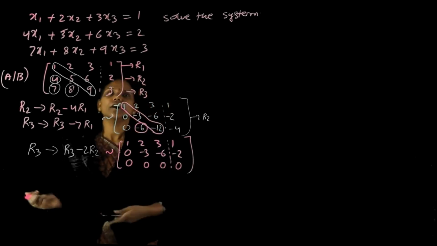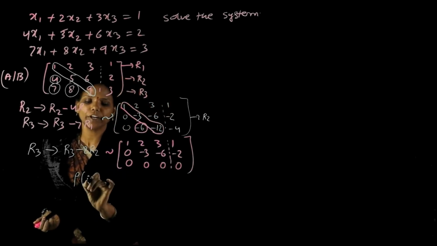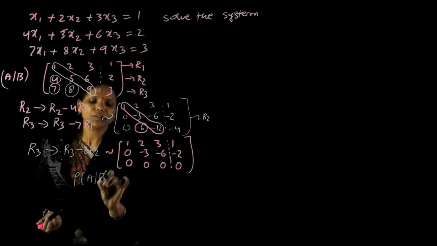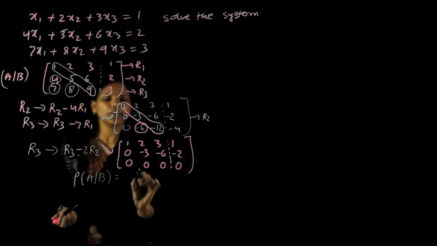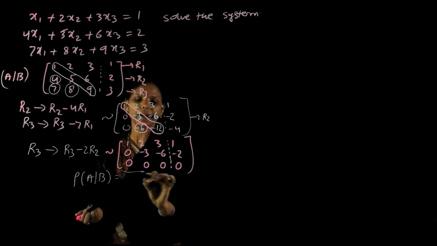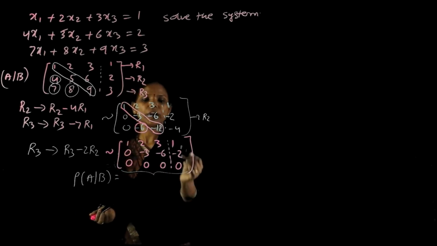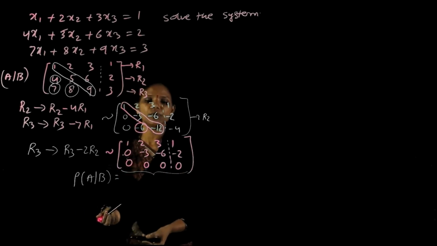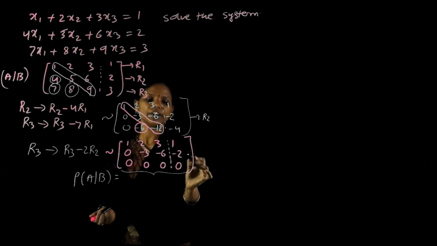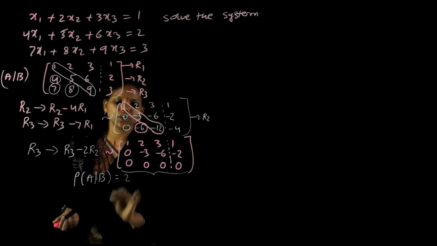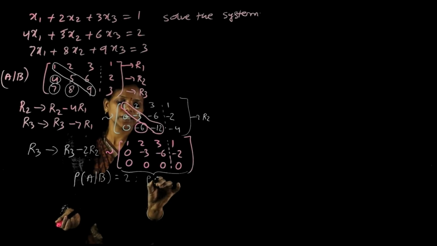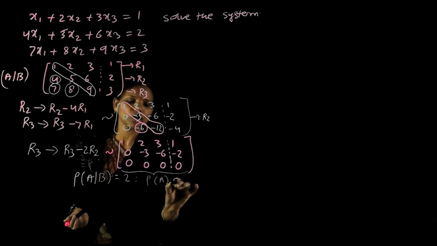Now we can check the rank of AB, that is the augmented matrix. While observing the rank of AB, we observe the complete matrix. How many non-zero rows are in this echelon form? 1 and 2. So the rank of AB is 2. At the same time, we can get the rank of A also.